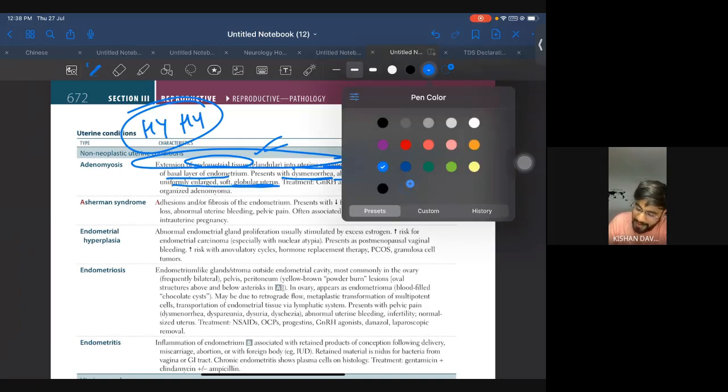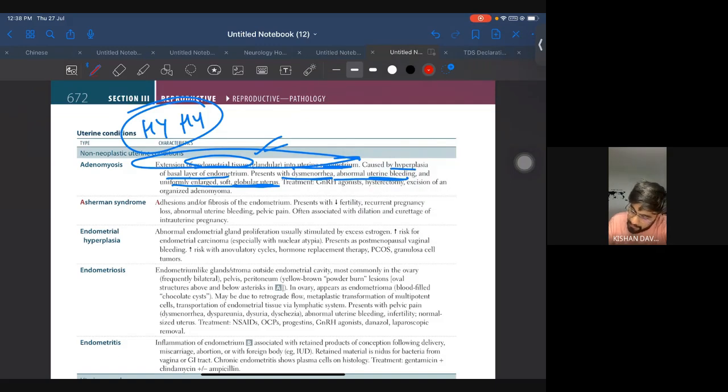Okay, so these lines are very important. Write this down. There are a lot of questions on adenomyosis in UWorld and even in NBME, so you should be thorough with this.